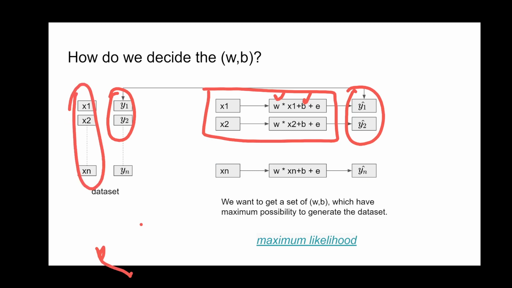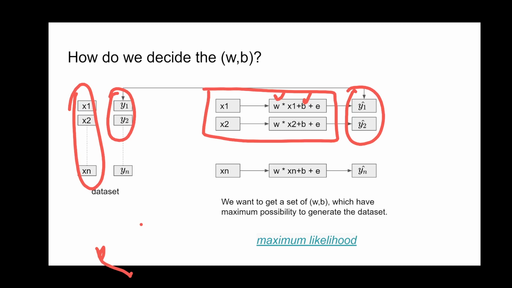In this case, it's impossible for us to find a set of W and B which can satisfy all the samples, because we have more equations than variables. And in the linear algebra problem, this is called a data fitting problem.